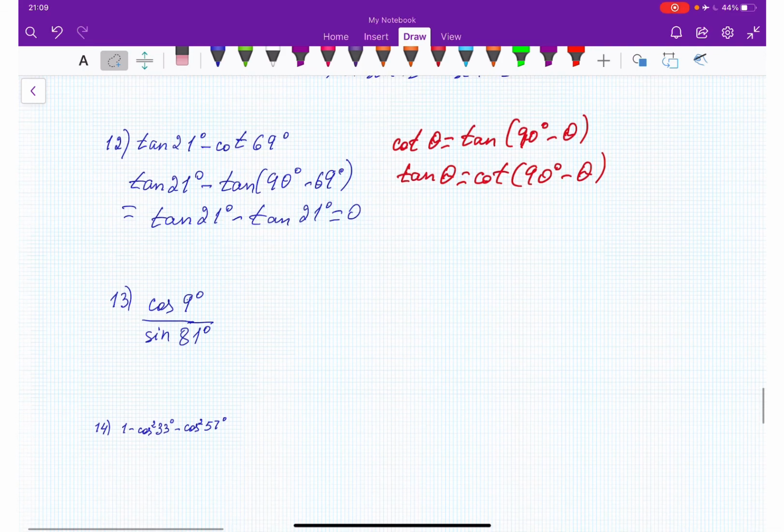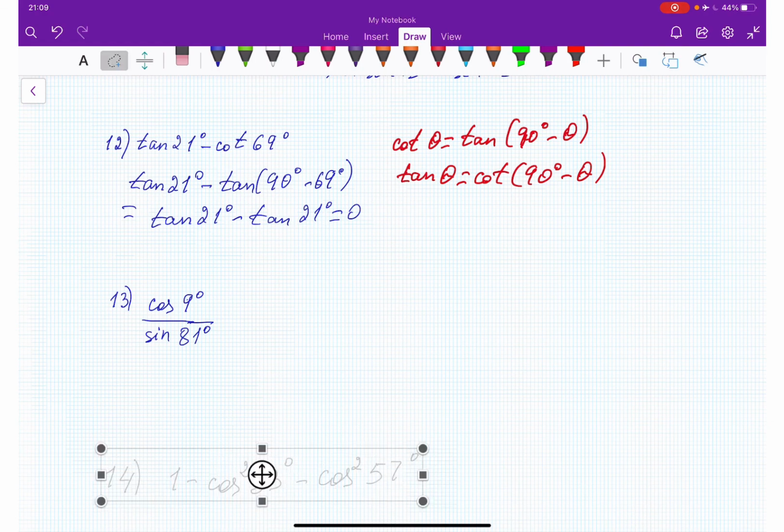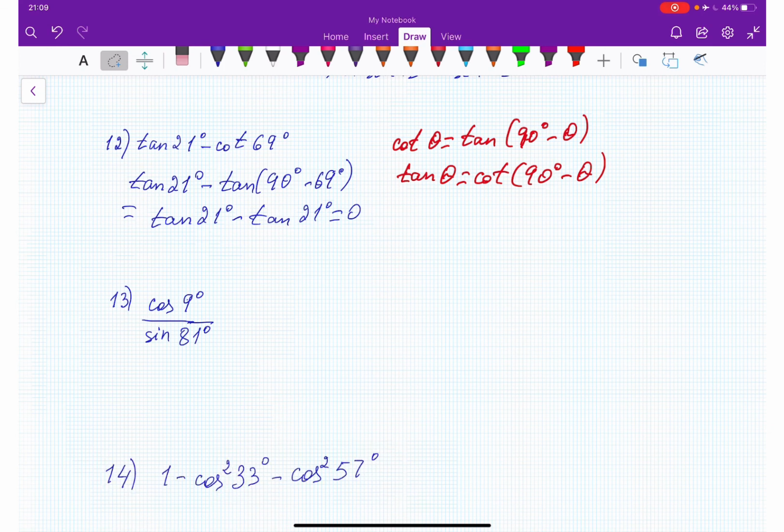Cosine 9 degrees over sine 81 degrees. Okay, let's see how we're going to solve it and get the value of it. So, 9 and 81, I can call them complementary, right? If I add them up, they are 90 degrees. Therefore, I'm going to write down cosine 9 degrees over sine 81 degrees.